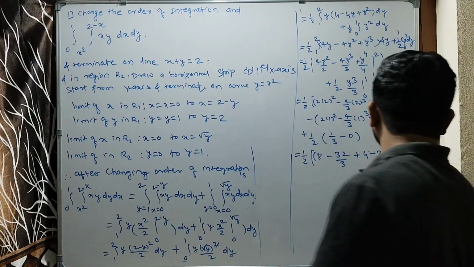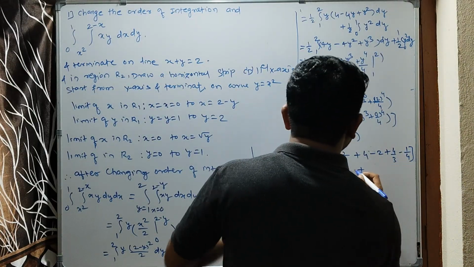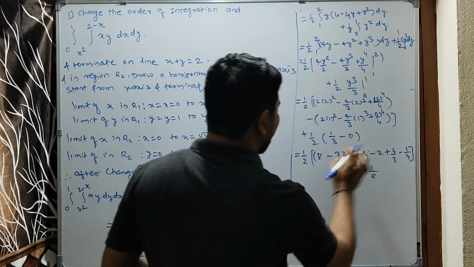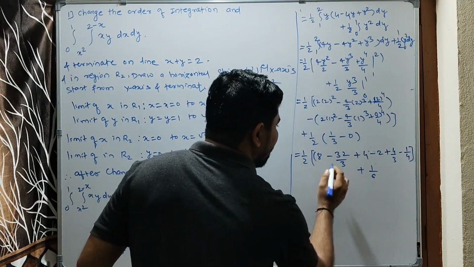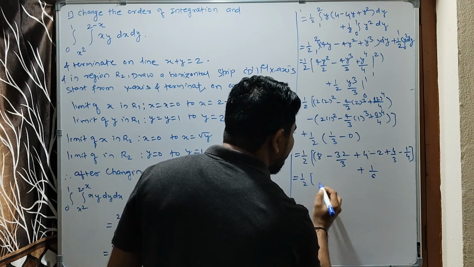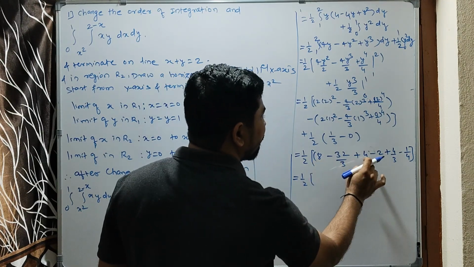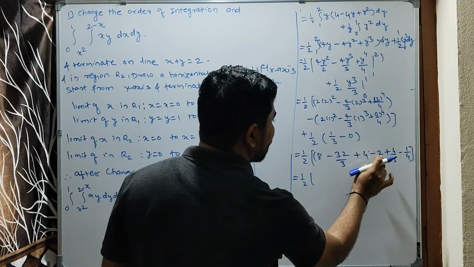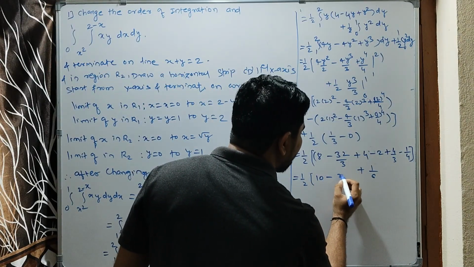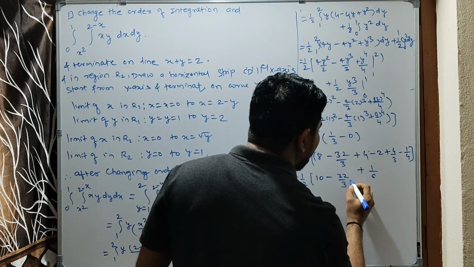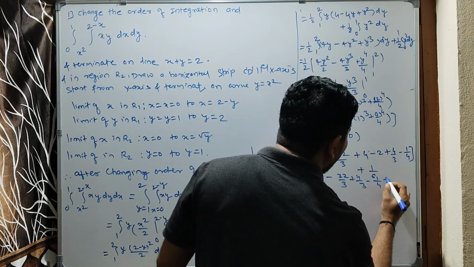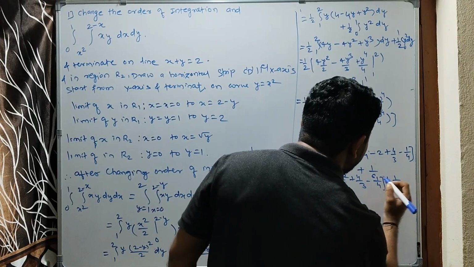This is the complete bracket, and plus 1 by 2, 1 by 3, this is simply 1 by 6. Now I want to multiply this 1 by 2 throughout this bracket, which is equal to 1 by 2 times 8, 4 minus 2, 2 plus 8, this is simply 10, minus 32 by 3 plus 4 by 3 minus 1 by 4 plus 1 by 6.